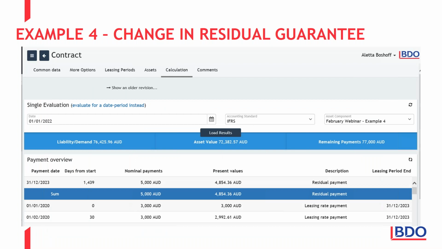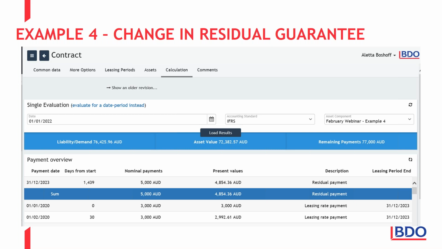Now, interestingly, with this one, with the screen that we've got up here, notice how the $5,000 has changed in our scheduled payment. But bearing in mind, this only happened on the 1st of January 2022. So from the previous screen that Aletta had up, time has elapsed. So the only payments that we still have going forward are the remaining payments until the lease expires in 2023 and the residual value guarantee.